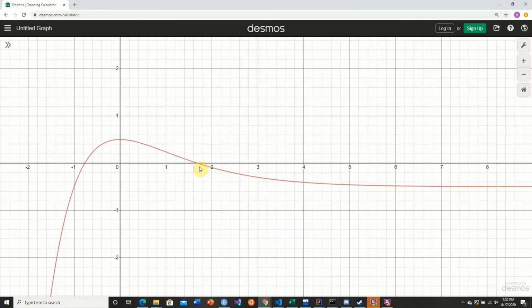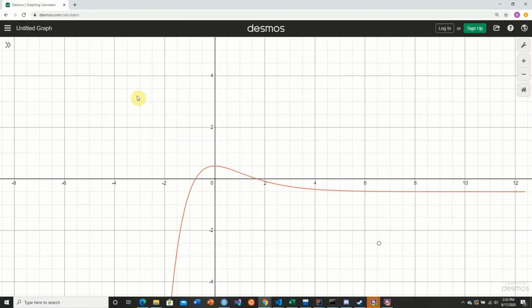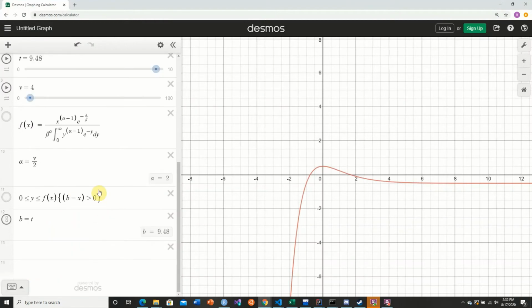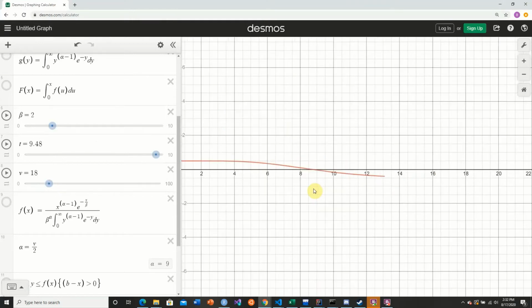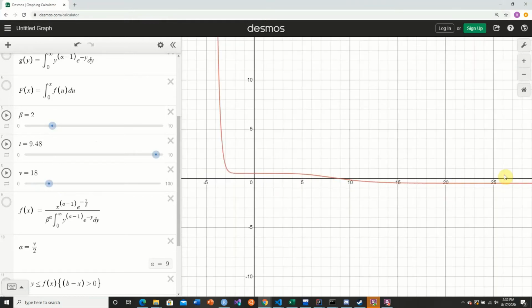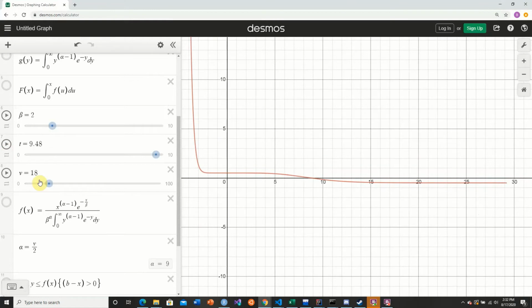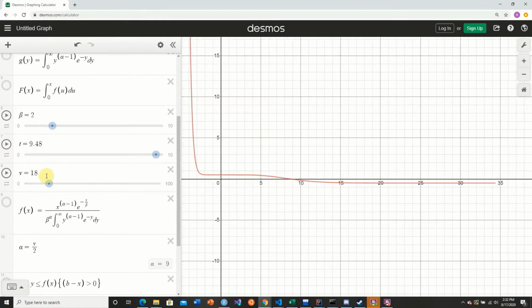So here we have a root. However, if we change our degrees of freedom, which here is v, our root is going to change as well. So how far we want to go as our ending location depends on our degrees of freedom. However, degrees of freedom in a chi-squared distribution represents the number of variables.